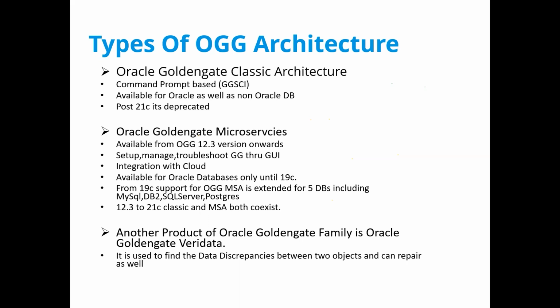Then go to the job when it gets completed, find the data discrepancies, and if required, it can repair them as well. Repair means whatever discrepancies are identified, Veridata can repair them. So Oracle GoldenGate comprises three things: classic architecture, microservices, and Veridata. Any question related to GoldenGate comes from these three things.